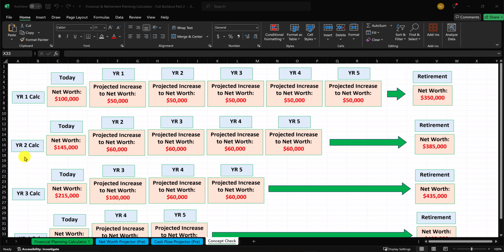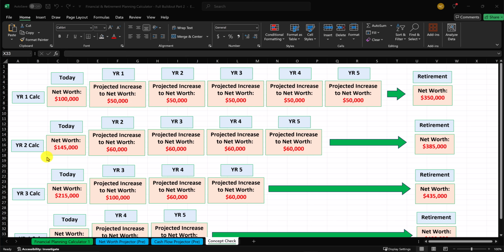Now let's ask this question. As of the end of year 1 up here, what was the net worth that we projected for the beginning of year 2? Well, it was the sum of this plus this, right? It was the $100,000 of actual net worth as of today, plus the $50,000 of projection for the first year would have been $150,000.